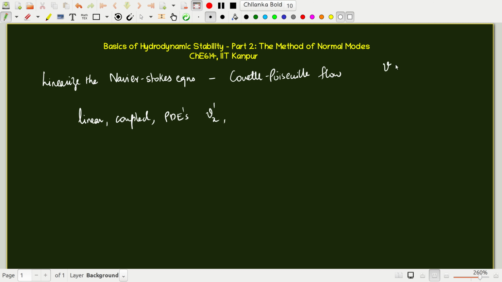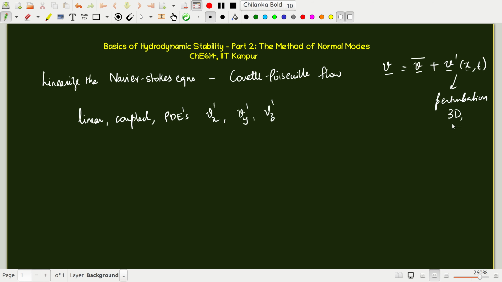Remember that we wrote the vector velocity v as the base state velocity v bar plus v prime, the perturbation. The perturbation velocity vector has vx prime, vy prime, vz prime. Also remember that the perturbation is a three-dimensional one.